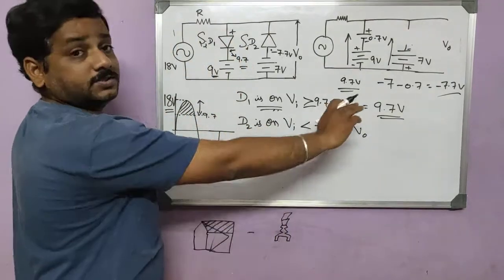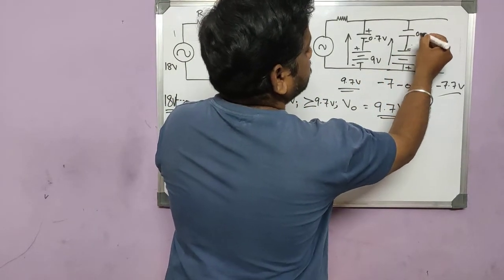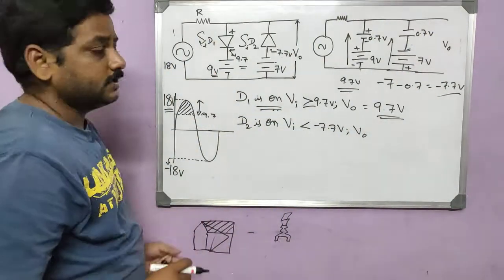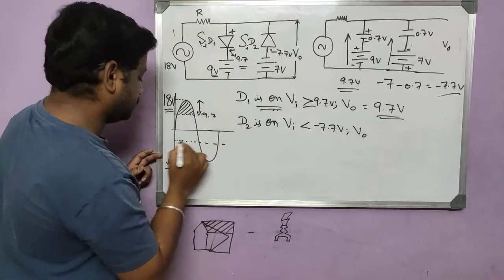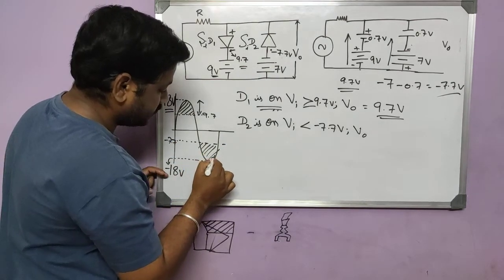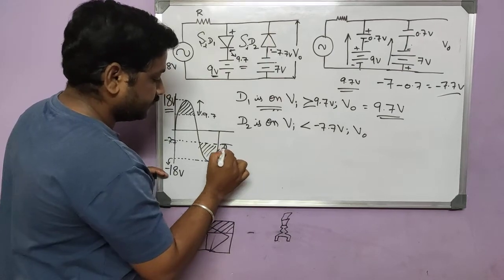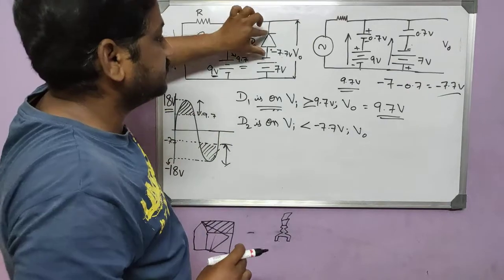So D2 will be on. Now in this input you can say somewhere here, let me name this as minus 7.7. So this region, below this, if the input is less than minus 7.7, this diode will be on.